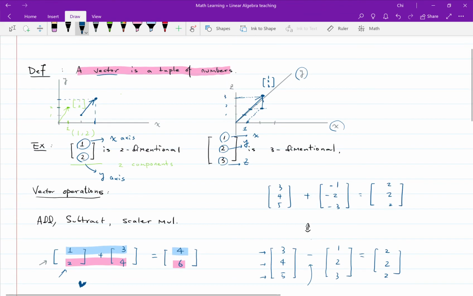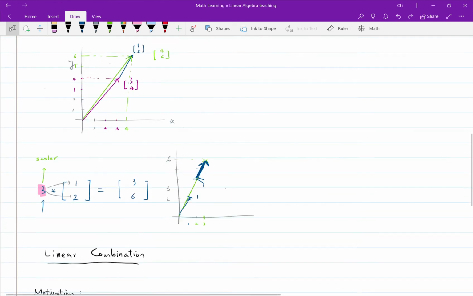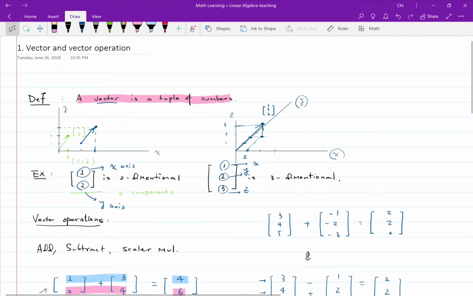Since it's already almost 30 minutes, I don't want to move on to linear combinations, so I guess I'll stop here for today. But lastly, let's do a really quick recap. First we defined our main actor, our hero here, the vector. A vector is just a bundle of numbers, or a tuple of numbers. And we say vectors have this duality of being represented by numerical values and by graphical means.